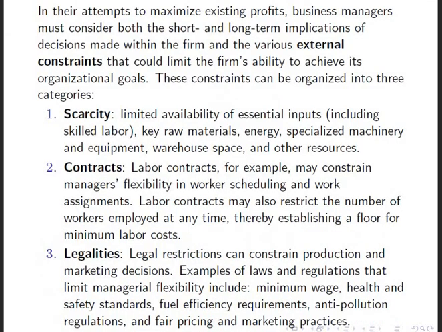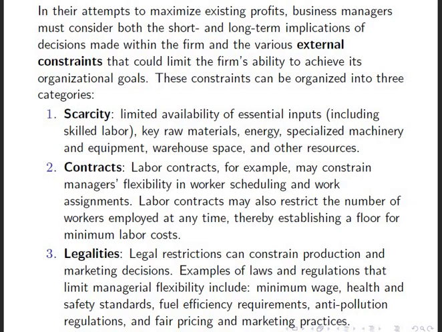In attempting to maximize the profit, we must consider both short and long-term implications of decisions made within the firm and the various external constraints that could limit the firm's ability to achieve its goal. These constraints can be organized into three categories.